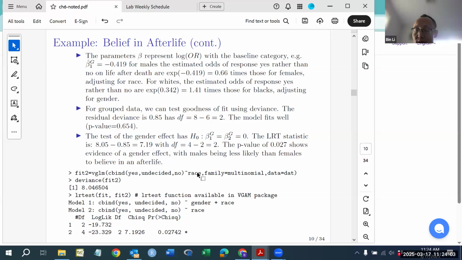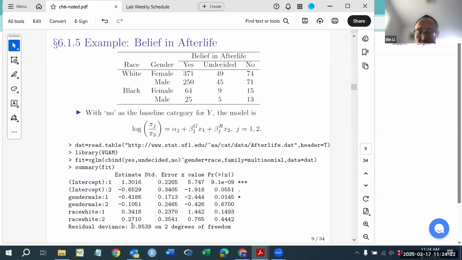We don't include the gender. You can see the deviance is 8.04. That's the deviance for only including the race, not gender. But for including both gender and race, that's 0.85.